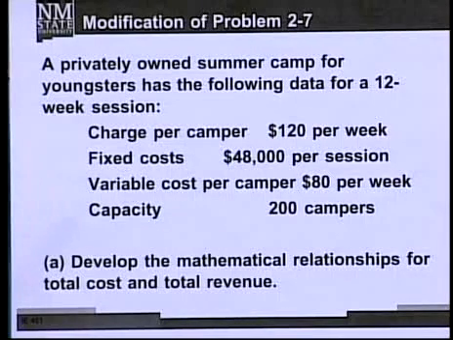Charges per camper would be $120 per week, fixed cost is $48,000 per session, variable cost per camper is $80 per week, and capacity is 200 campers. And question A is: develop the mathematical relationships for total cost and total revenue.